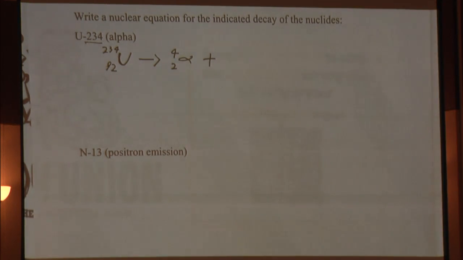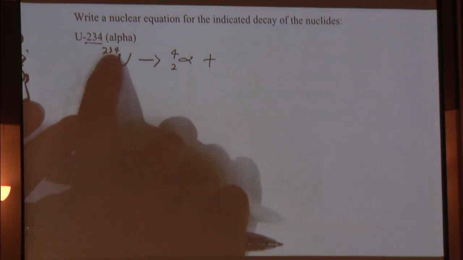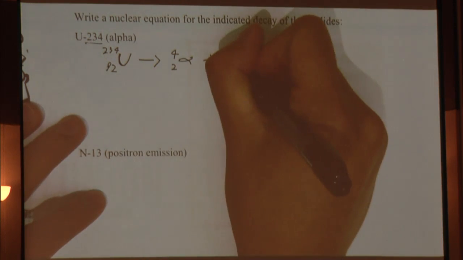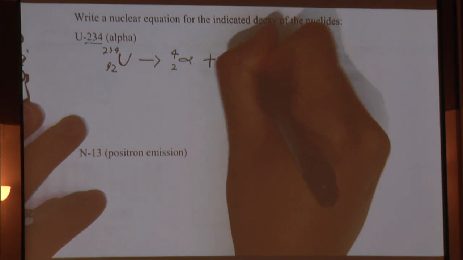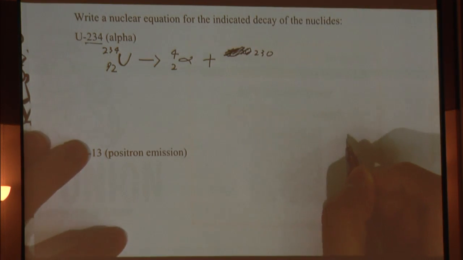And then finally we need to find out what we get after we remove an alpha particle from that uranium nucleus. So we just subtract 4 from 234, which is 230.